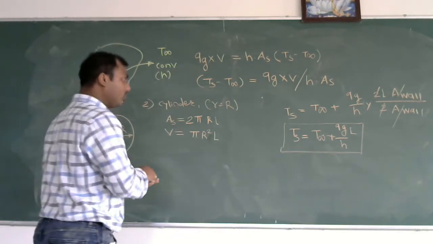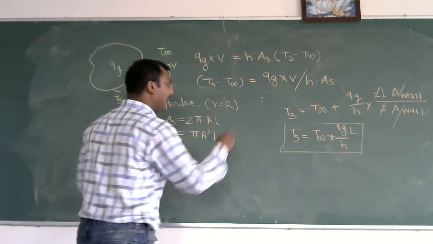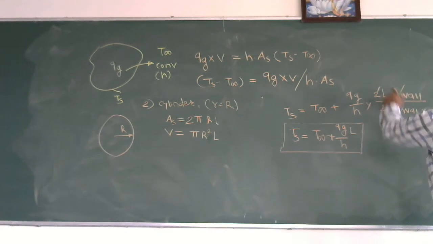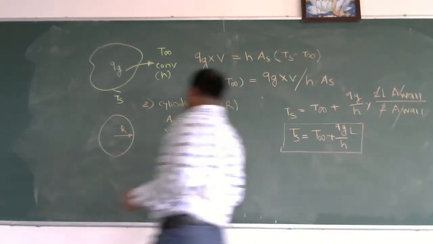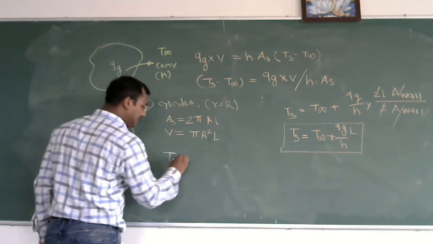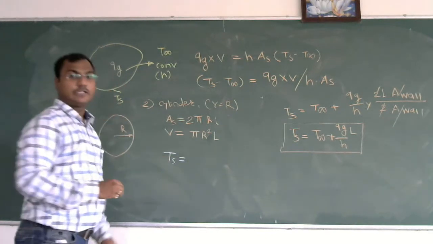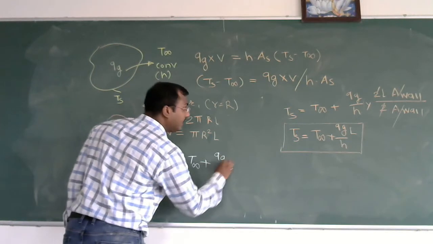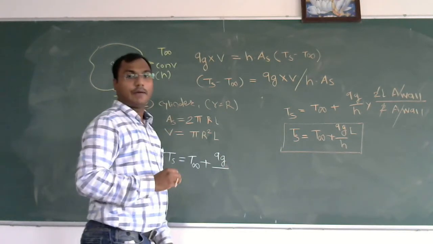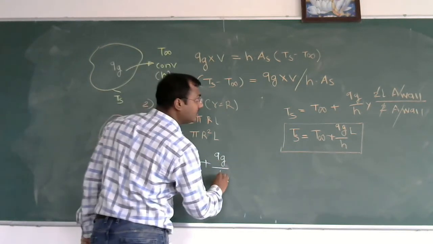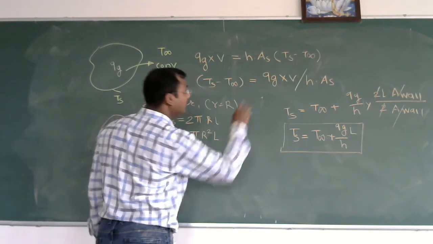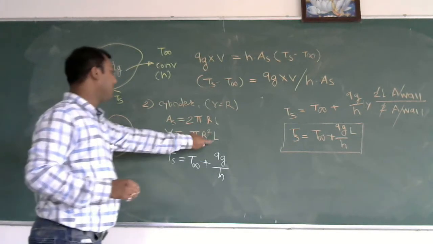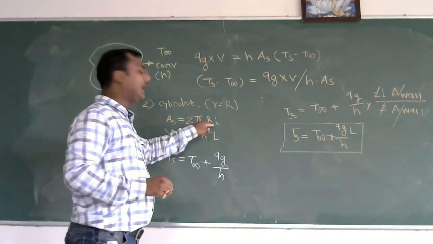If I again put these two in the same equation, Ts is T infinity plus Qg by h into volume divided by surface area, where volume is pi r square L, divided by 2 pi rL.